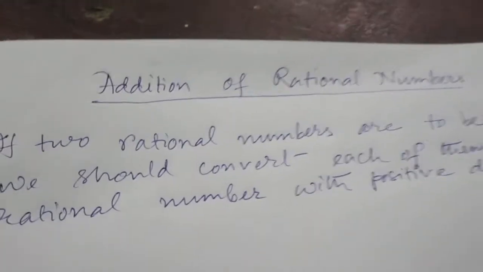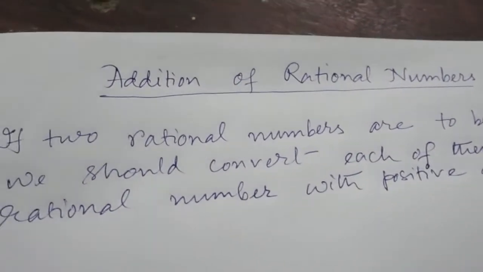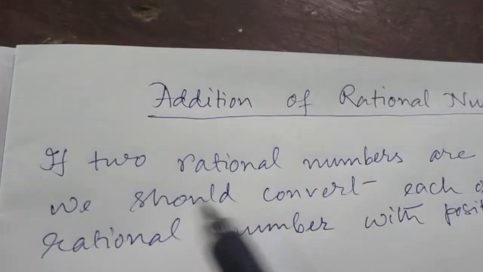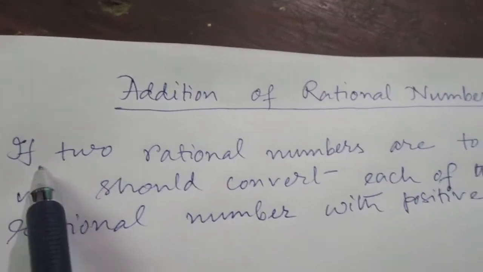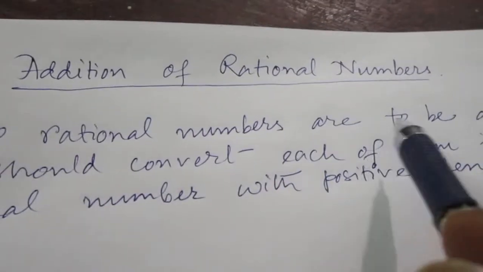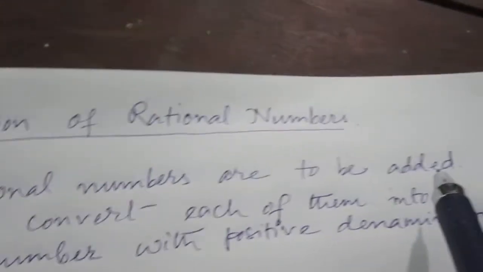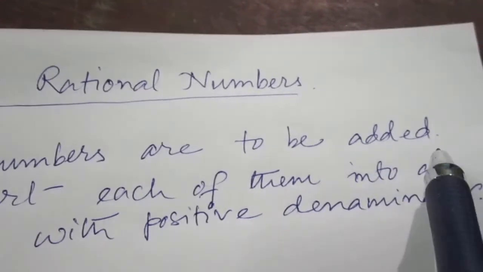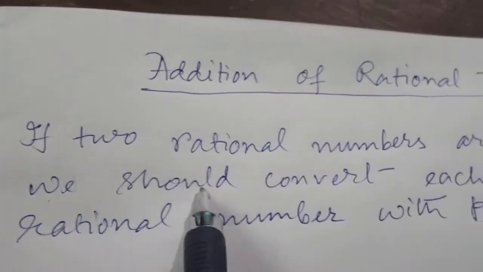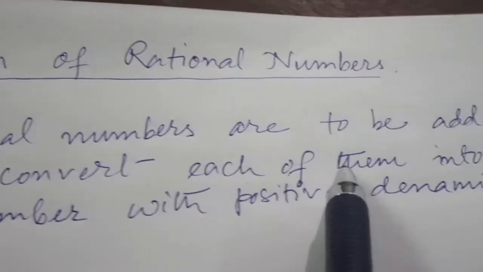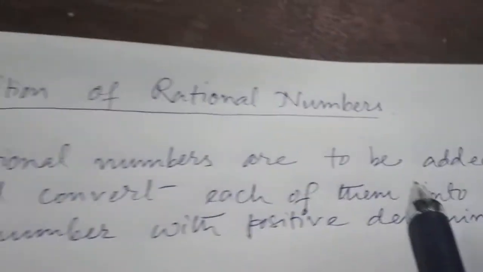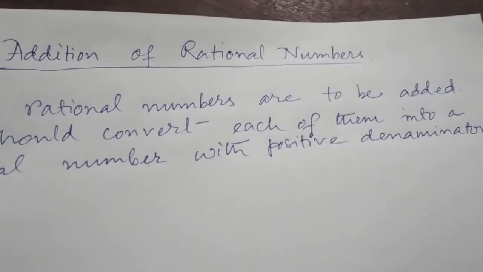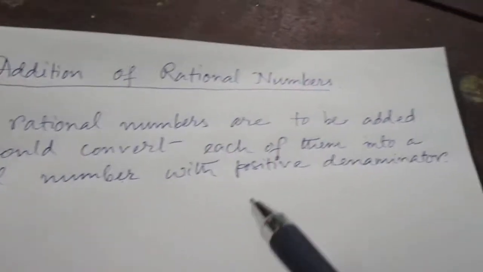Now we will discuss addition of rational numbers. How to do the addition of rational numbers. Here one condition is written: if two rational numbers are to be added, we should convert each of them into a rational number with positive denominator.